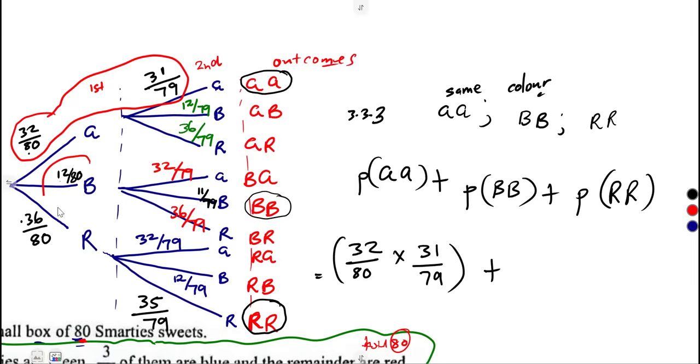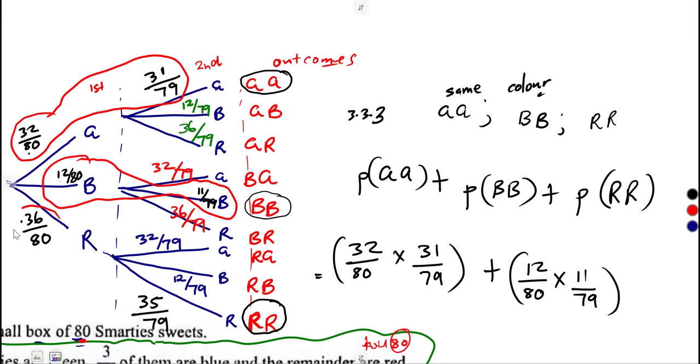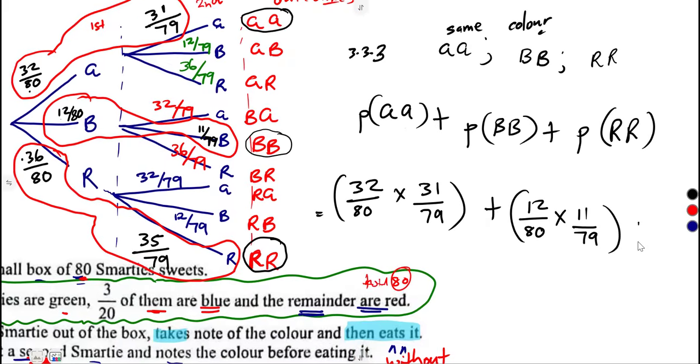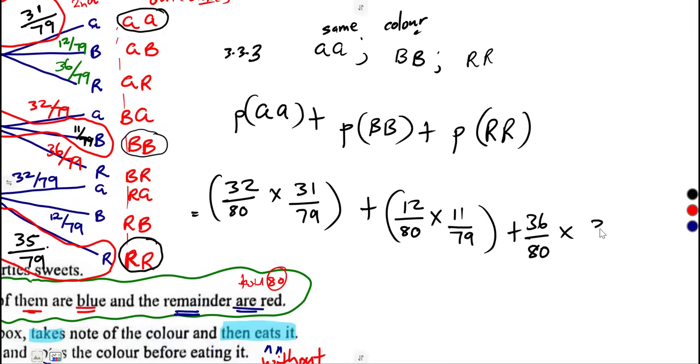Again, you do the same. B to B like this. So that's 12 over 80 times 11 over 79. Same thing, red to red. So that's 36 out of 80, plus 36 over 80 times 35 over 79, as it is in each case.